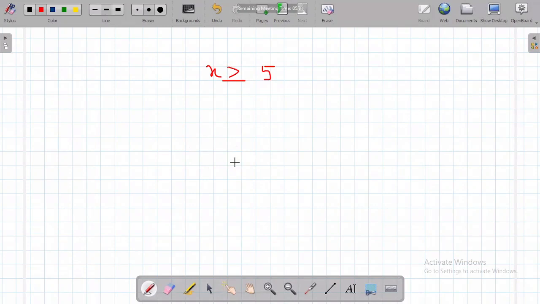Okay, all of you, please, let's go to the next: inequalities containing only one variable. You can see only one variable, that is x, is there. So how to show the given inequalities in the graph?